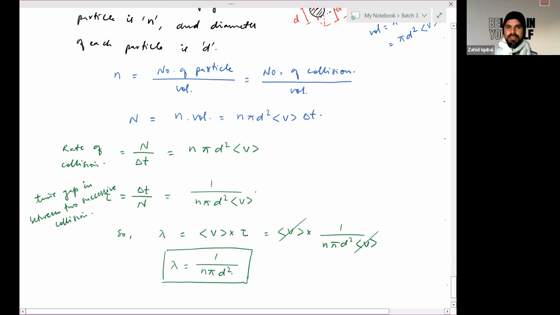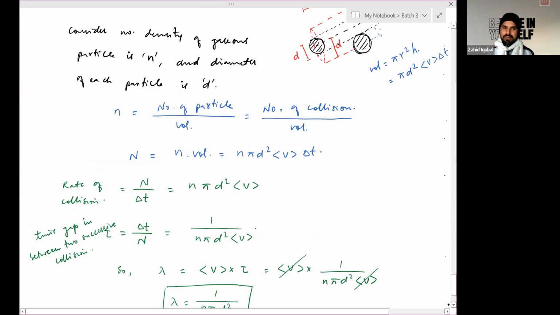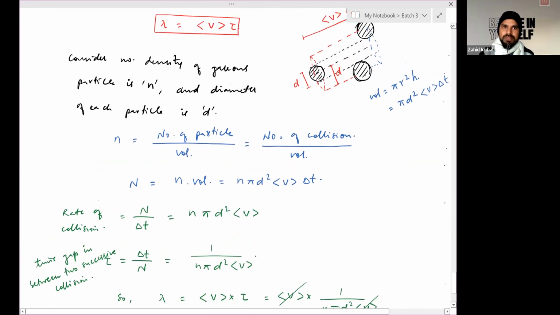But this result is not the correct one according to experimental results. There is some mistake in this expression. First write it down, then I will define the correct version.